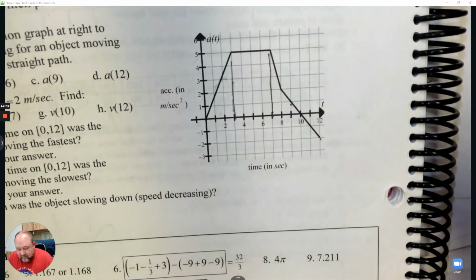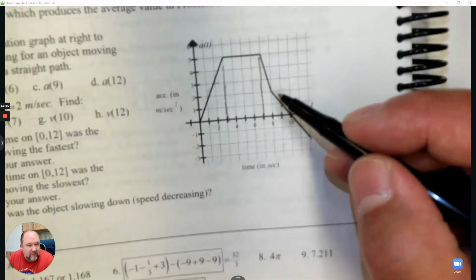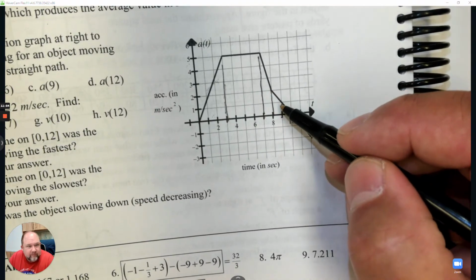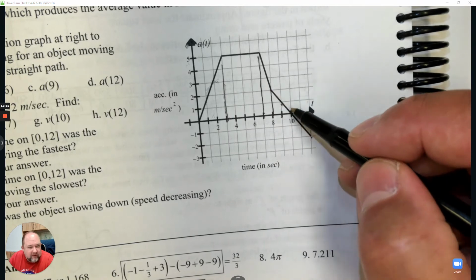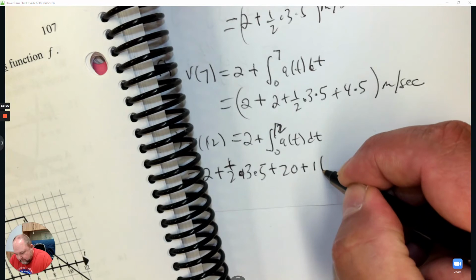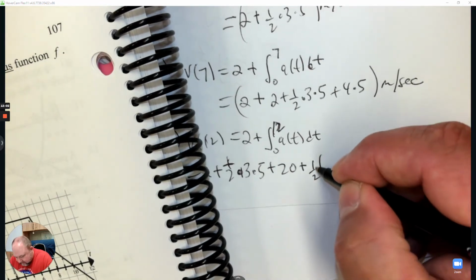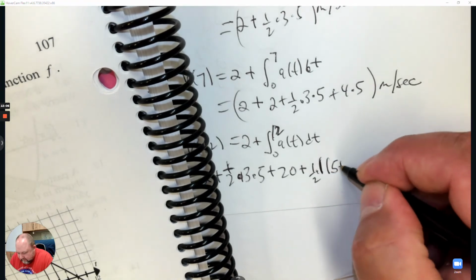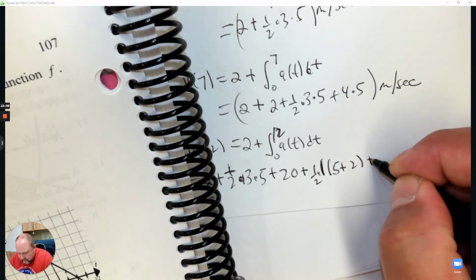And now what do we still need to do to understand this? There's a trapezoid right here. So this trapezoid, the width is 1, and it goes 1/2. The width is 1, and then the two heights: one height is 5, and the other height is 2.